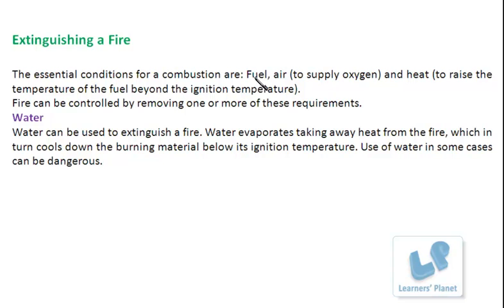Fuel, of course, is there, you can't remove it. But air, you can cut this oxygen supply. This is the principle used by fire extinguishers. We can cut this oxygen supply. Fire can be controlled by removing one or more of these requirements.